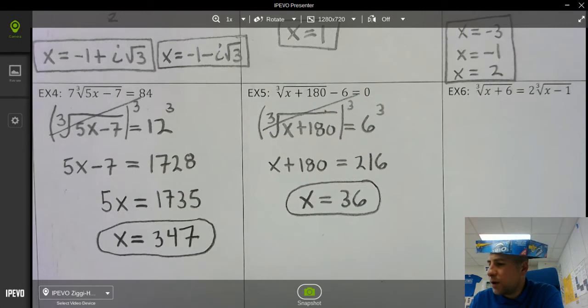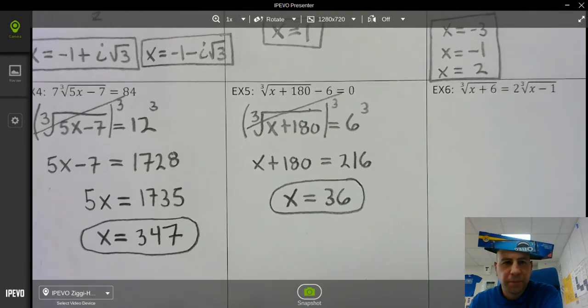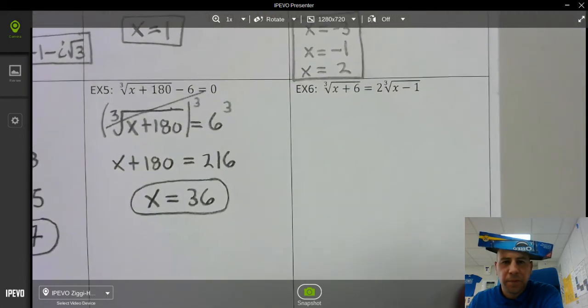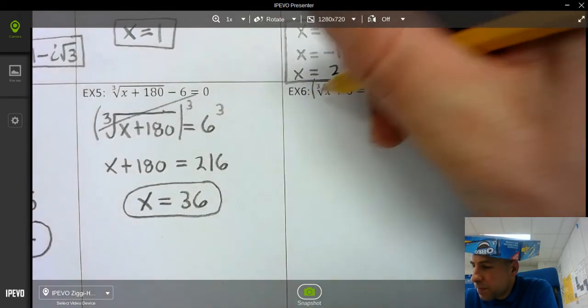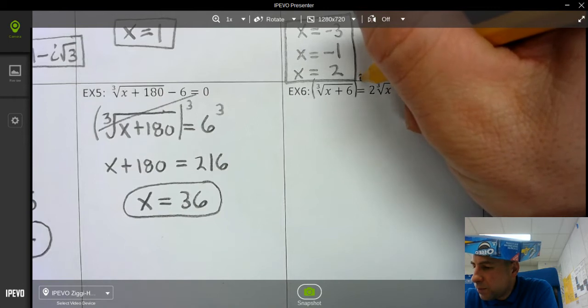All right, now example 6. All right, so we isolate the cube root. Well, there's not really anywhere to isolate the cube root, so we're going to cube both sides.